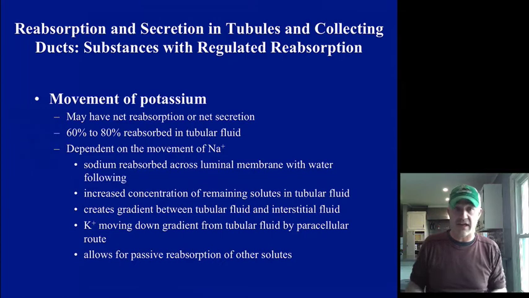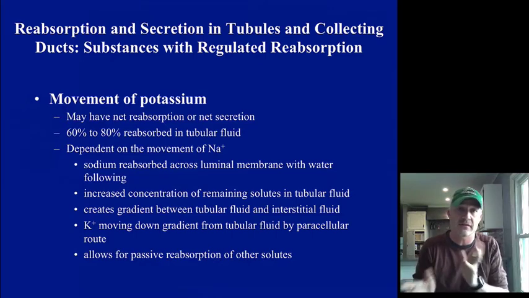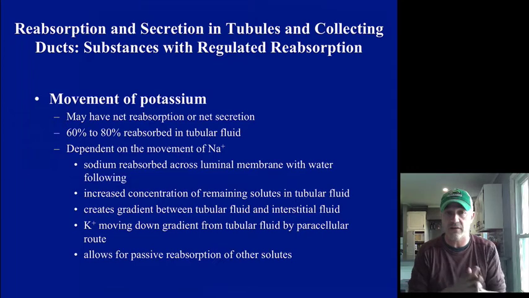We can sometimes even have a net secretion of potassium. On average, about 60 to 80% of potassium is reabsorbed from the tubular fluid, but it's going to depend upon signals, gradients, and concentrations in the plasma in terms of which way this is going to go. Sodium is reabsorbed, like I said, across the luminal membrane with water following.